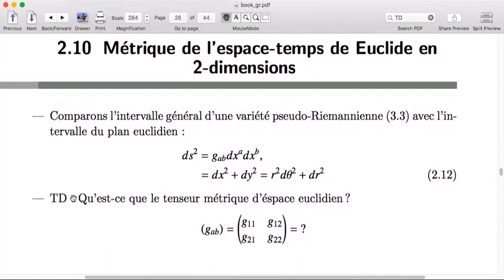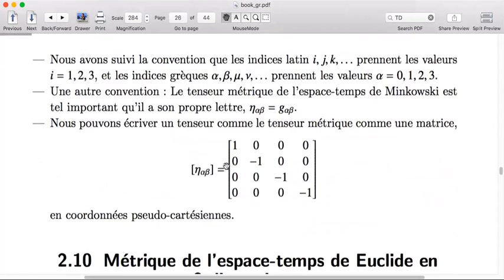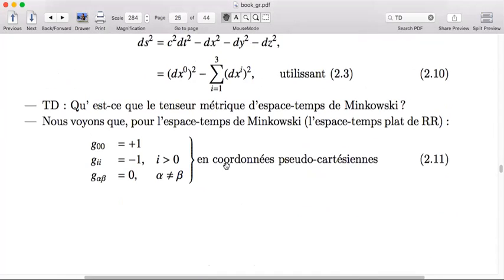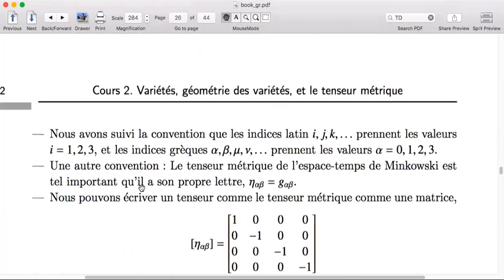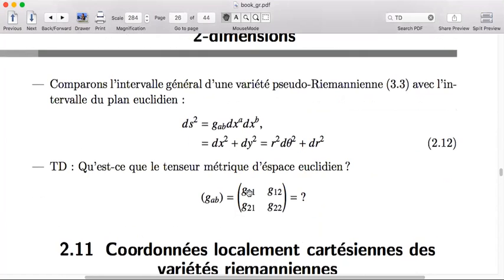Okay, so here's a little question for you. How would you write the metric for that? You just compare that with what we did here, and see it implies that, again, it's a diagonal matrix. It's a two-dimensional matrix because I only have two coordinates, x and y.